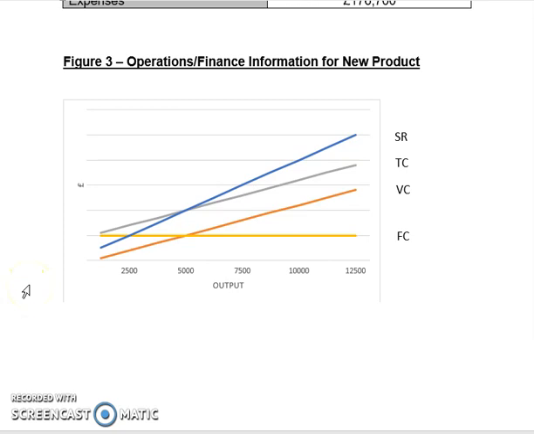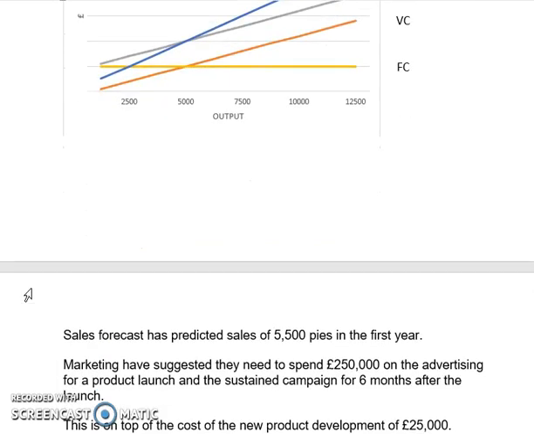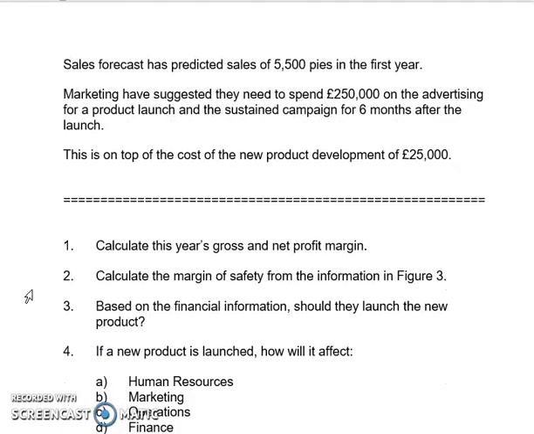It's a pie shop. So that's useful to know. And then on the back, you've got a little bit more information. So the sales forecast has predicted 5,500 pies in that first year. Marketing have suggested that they need to spend £250,000 on the advertising for the product launch and for the 6 months that follow.